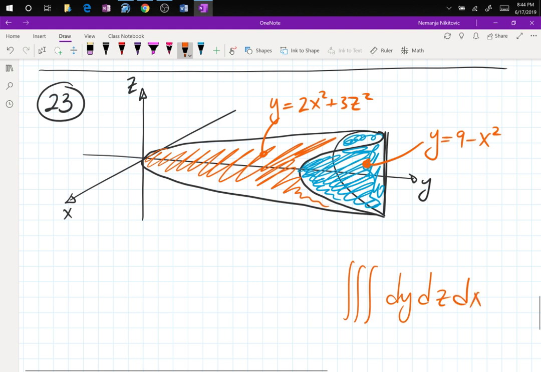And you know that the top function is 9 minus x squared and the bottom function is 2x squared plus 3z squared, because that much needs to be obvious: the blue sits on top of the orange and it's top minus bottom. So the top function, 9 minus x squared, goes in the upper limit. Now this is what we know 100%. I don't know anything else.